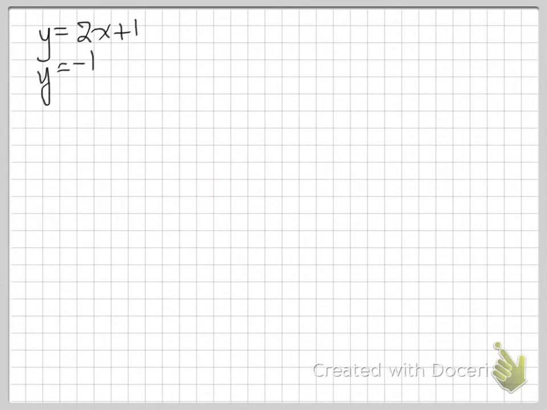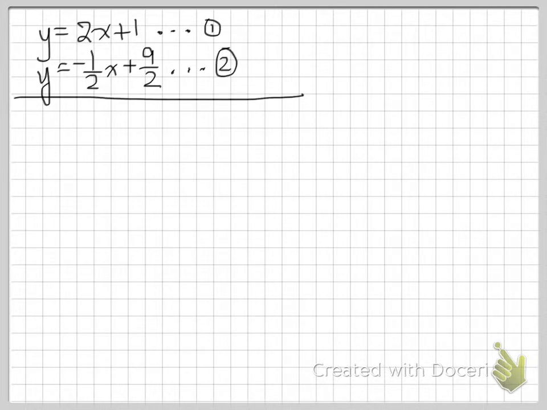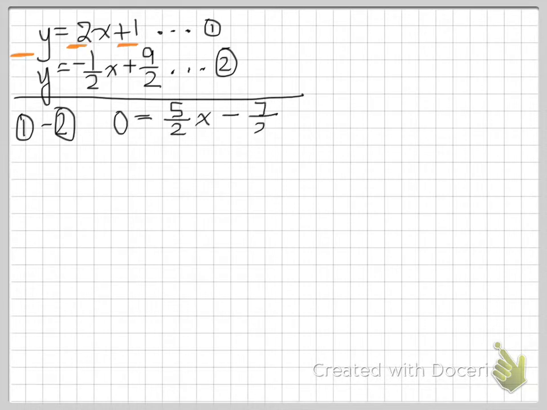We have the two equations, which we got earlier. Here are our two equations. What do we do with this? We're going to use either substitution or elimination to get the x and y values, the coordinates of the intersection point. So we set 1 minus 2, and we took equation number 1 and subtracted number 2, and this is what we got, folks.